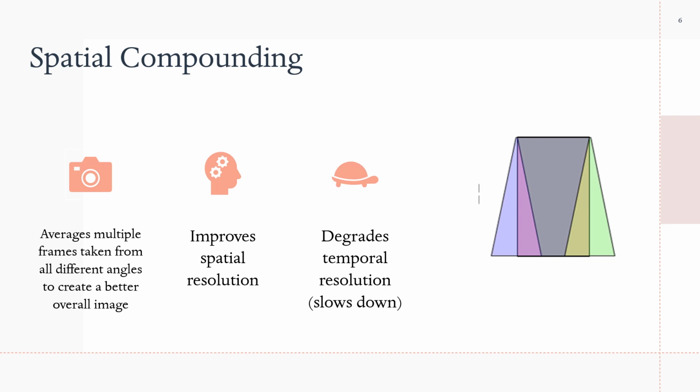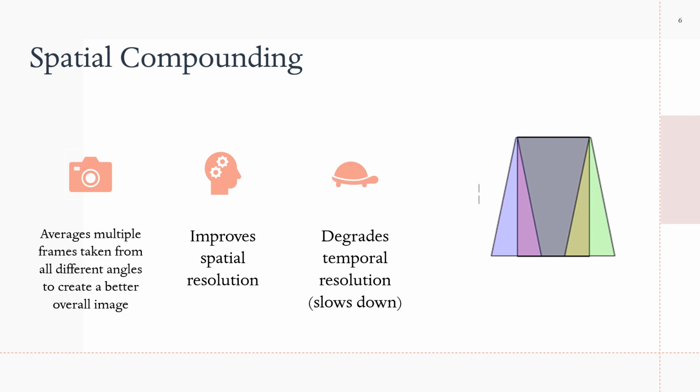There are three different types of compounding, but we'll be discussing spatial compounding for our pre-processing functions. We typically, with spatial compounding, use a linear transducer. And when the spatial compounding setting is turned on, it averages multiple frames taken from all different angles to create a better overall image. So this improves our spatial resolution or detail resolution like we talked about in the last slide, but it degrades temporal resolution.